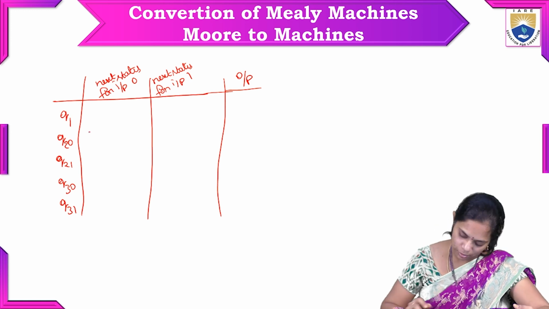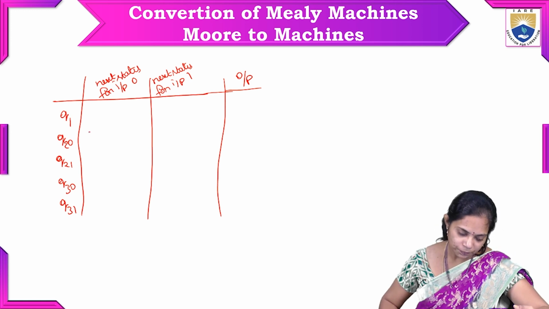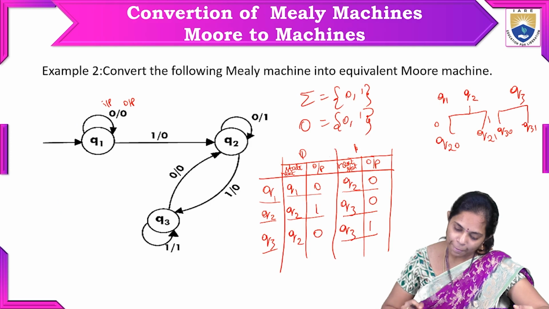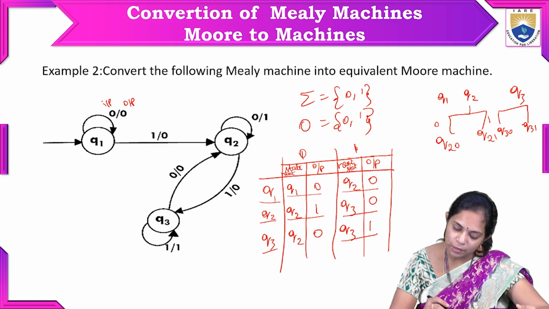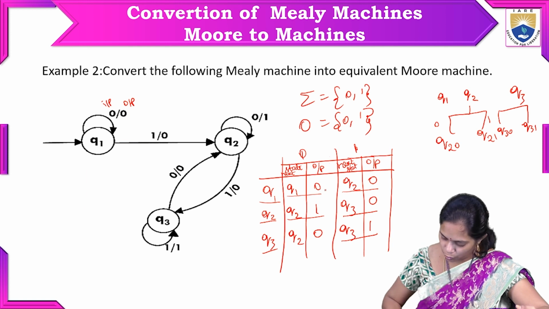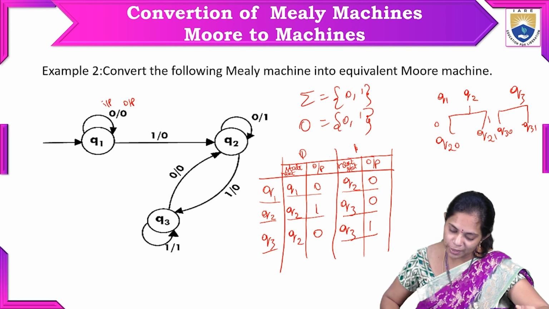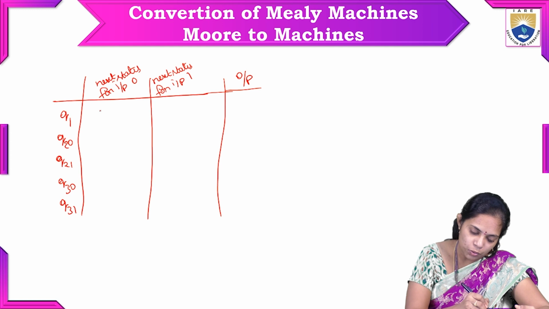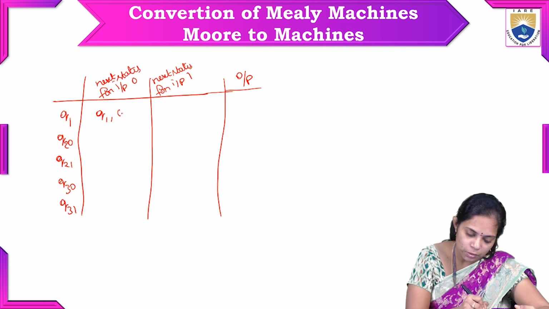So let's find the states. Q1, when given 0 as an input, goes to Q1 itself, so Q1 with the output 0.